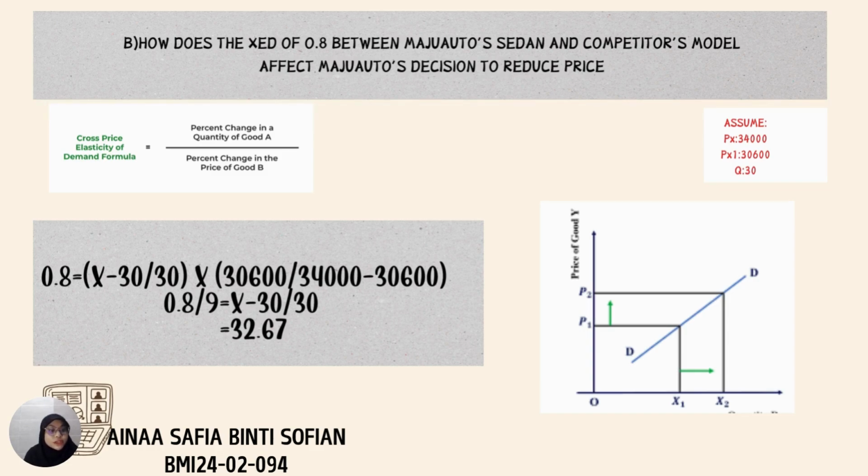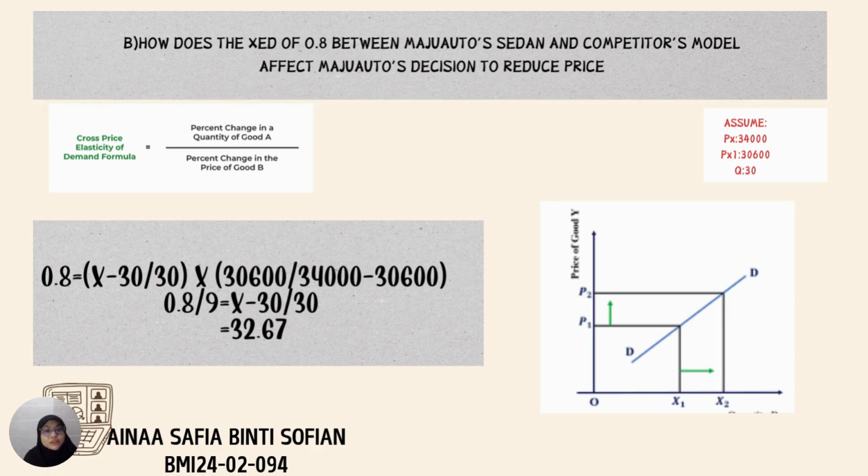Because this question doesn't have the price and the quantity, I assume that the price is 34,000 and the price change is 30,600. How did I get 30,600? I got it because in the first question, Maju Auto already made a decision to reduce their price by 10%.